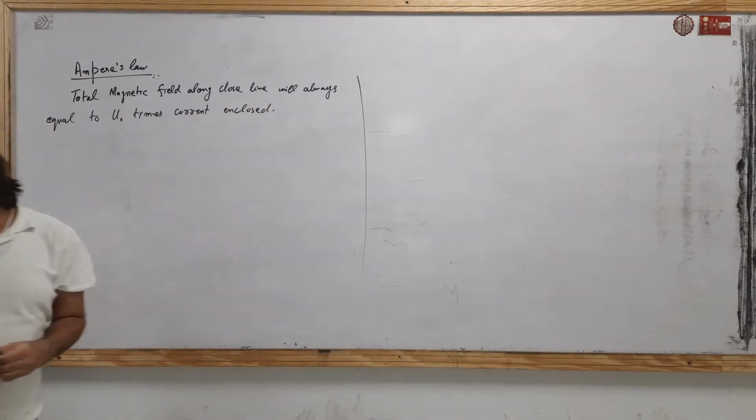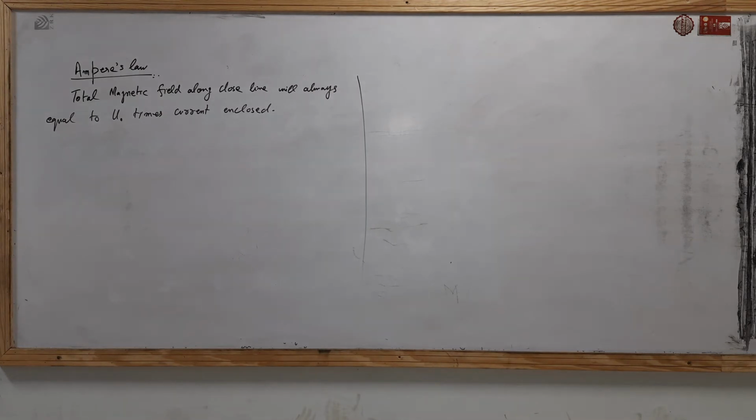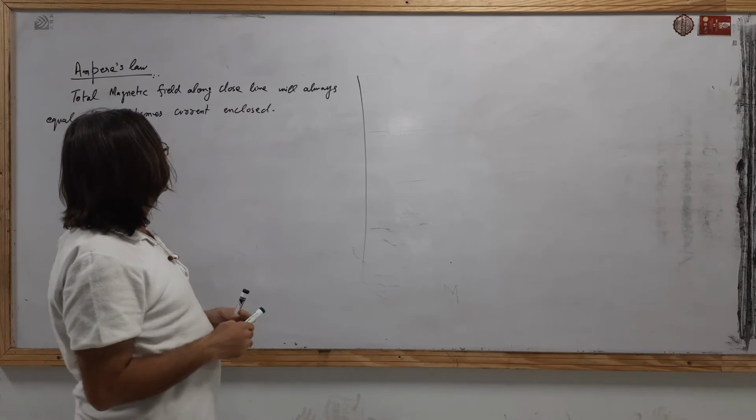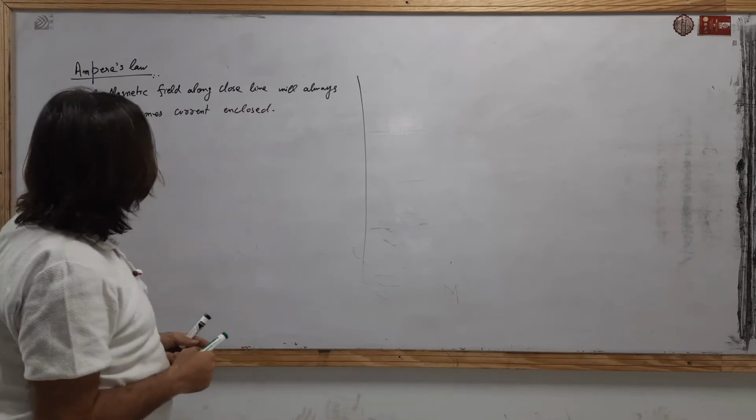What is this? The total magnetic field along a closed line will always equal mu naught times the current enclosed.